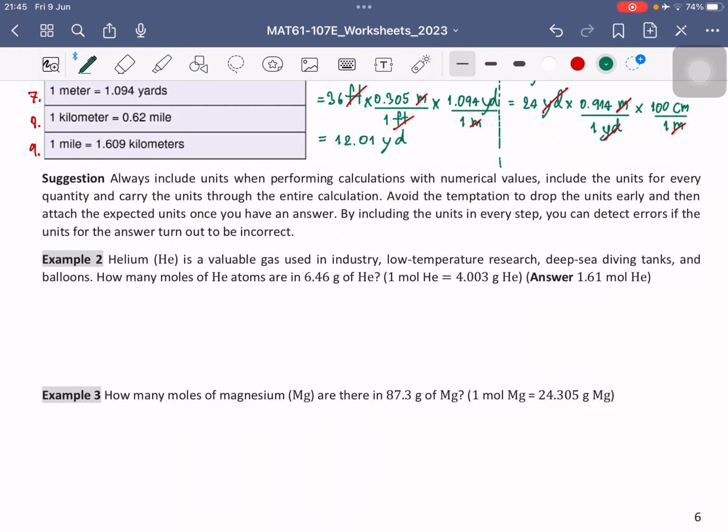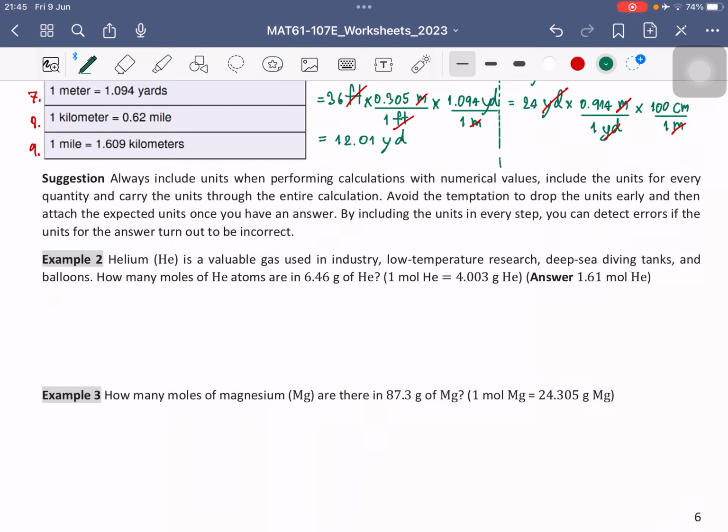6.46 gram of helium, if we know that 1 mole of helium equals 4.003 grams of helium? This is quite simple because we know that 6.46 grams equals 6.46 gram times 1. We need to change from gram to mole, right?